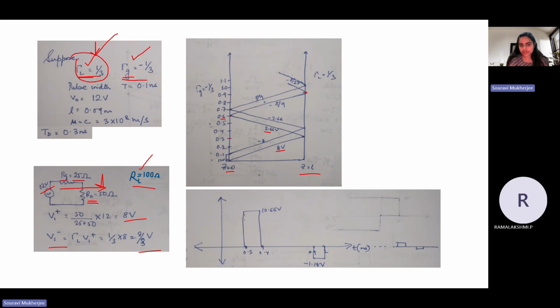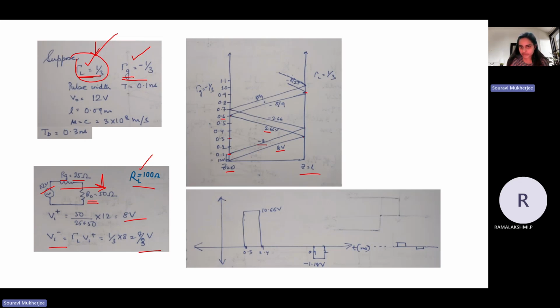Now, similarly, what would happen? The pulse of 12 volt comprises a 12-volt signal at t equal to 0 and a minus 12-volt signal at 0.1, right? So again, from 0.1, you have a minus 12 volt, which would again move towards your load. So out of minus 12, minus 8 will be the one that will be reaching your load, right?